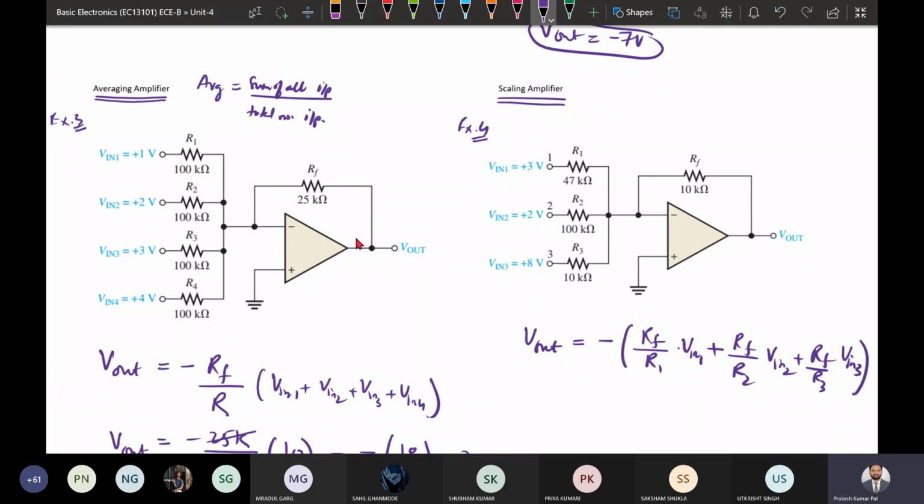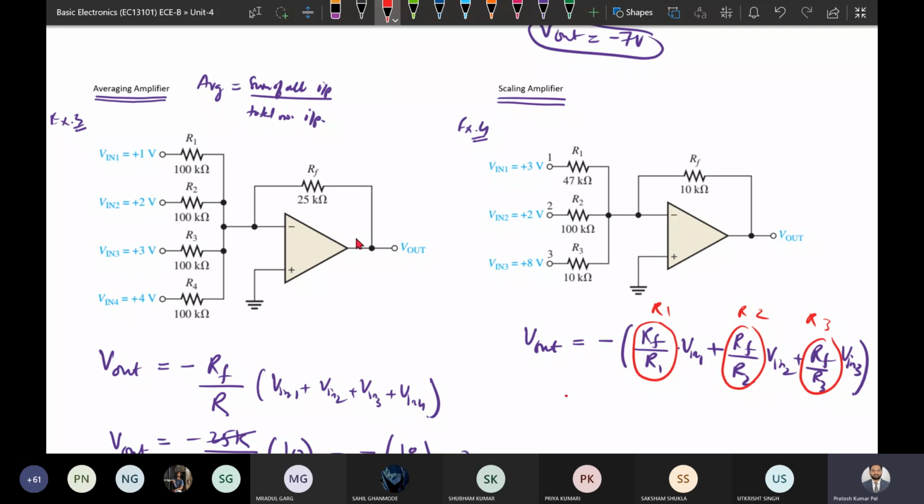If RF will be the same in all cases, but R1, R2, R3 all are different, then the ratios of these terms, 1, 2, 3, whatever the ratio is, will be a coefficient.